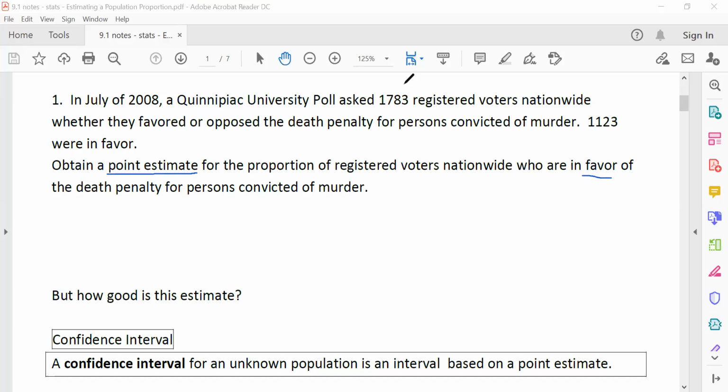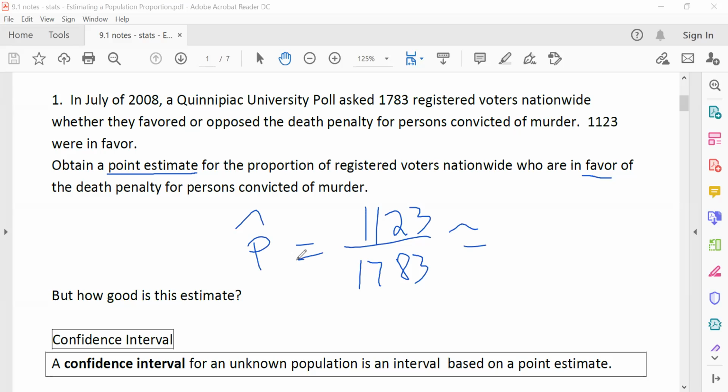This is just a sample of 1,783 voters in the nation, and 1,123 said that they were in favor. So 1,123 out of 1,783 is going to be the sample proportion that has this characteristic. Now, that's almost certainly going to come out to be an ugly number. So we'll do the math, 1,123 divided by 1,783.